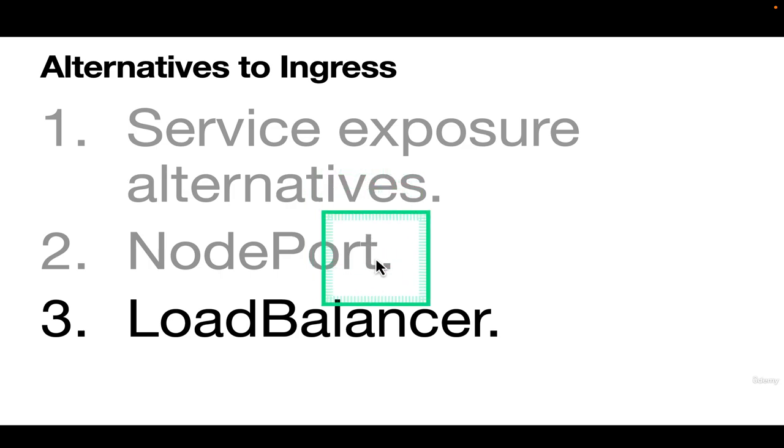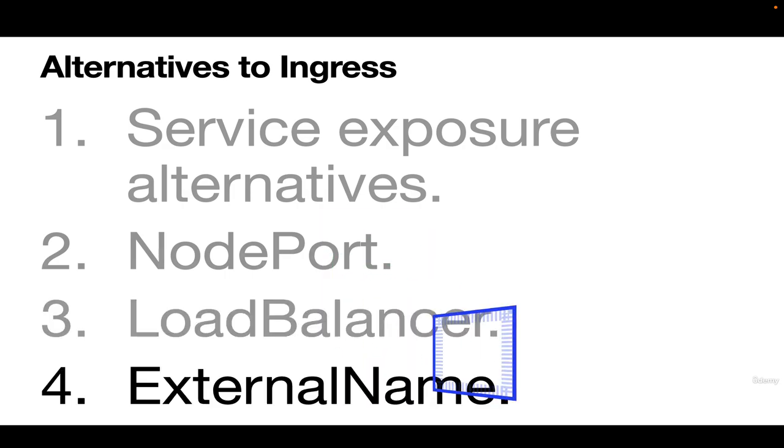NodePort and ClusterIP services to which the external load balancer routes are automatically created. ExternalName maps the service to the contents of the externalName field, for example foo.bar.example.com, by returning a CNAME, actually a canonical name record, with its value. So this is basically to redirect the traffic to some other external domain or some other external host outside the cluster.